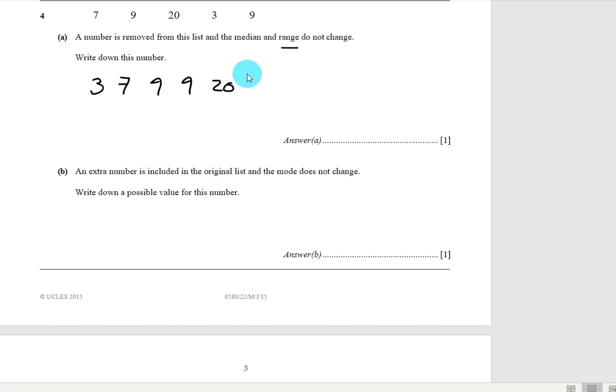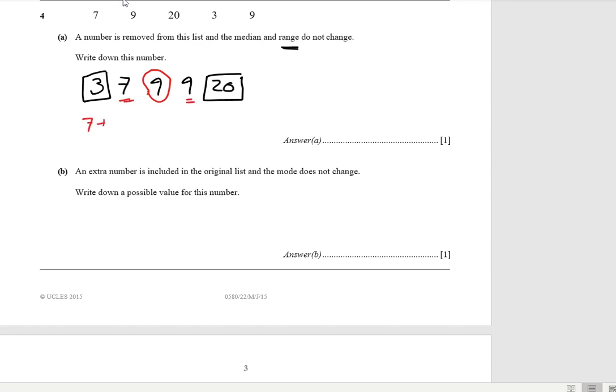Now, what is the range? The range is the difference between the first and last numbers, 3 and 20, so it stays the same without any change. Now, what is the median? The median here is 9. This is our median, or we can find the middle of 7 plus 9 divided by 2.